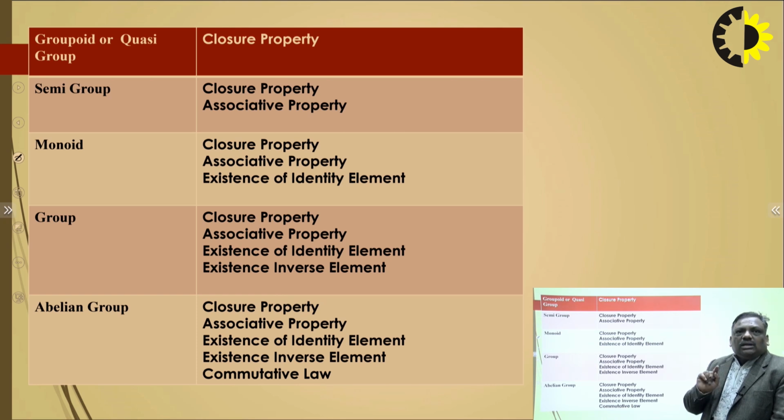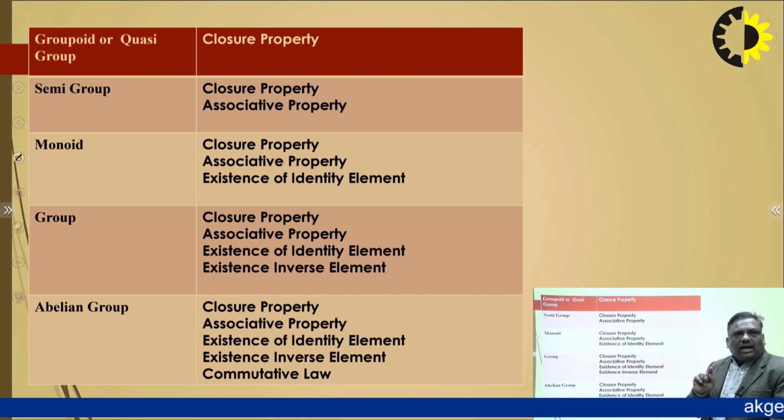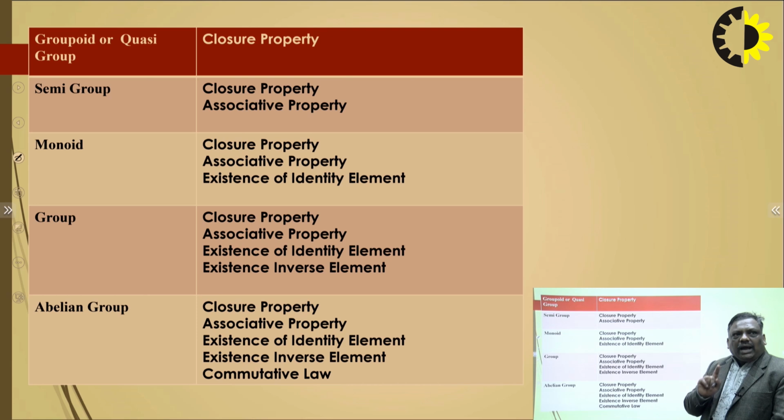If the set G with a certain binary operation has a closure property, then this one is known as groupoid or quasi-group. In a similar way, if a non-empty set G with a certain binary operation has closure property and associative property, both, then this one belongs to semi-group.